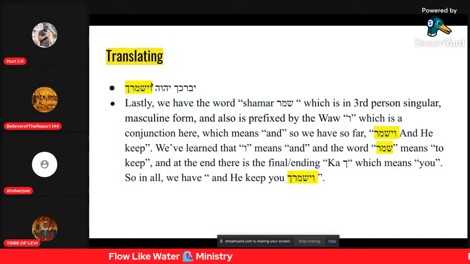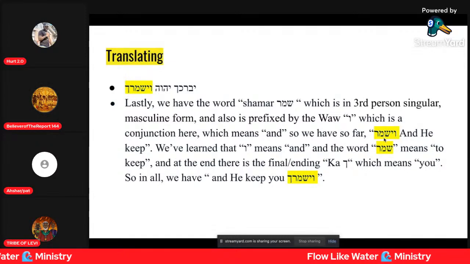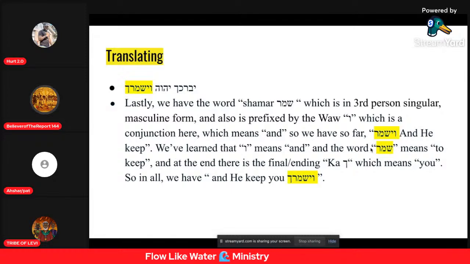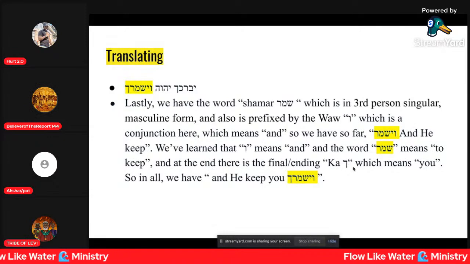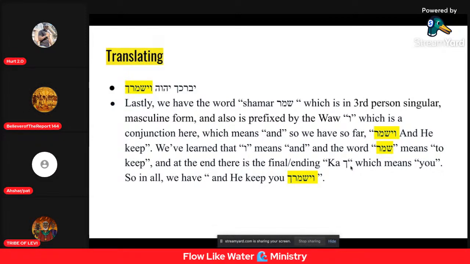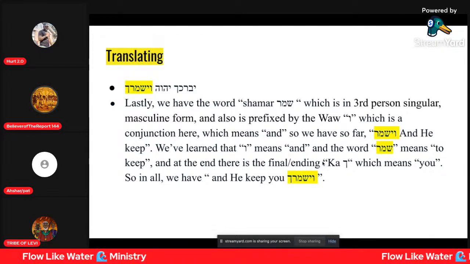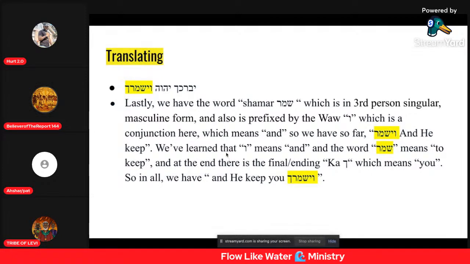So and he, and the next part is the root shamar, which means to keep. So and he keep, and then we have the ending ka, which is you, used to denote you right here, because it's an ending ka as a suffix, added on to the root. So it would be and he keep you, wa yashamarka.